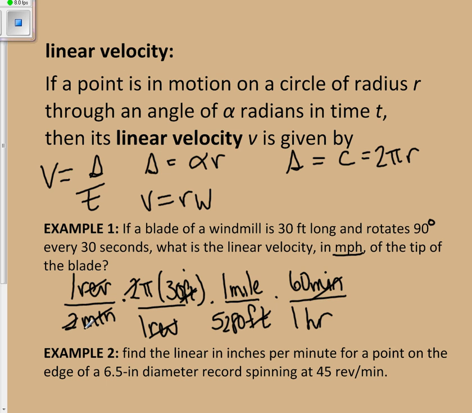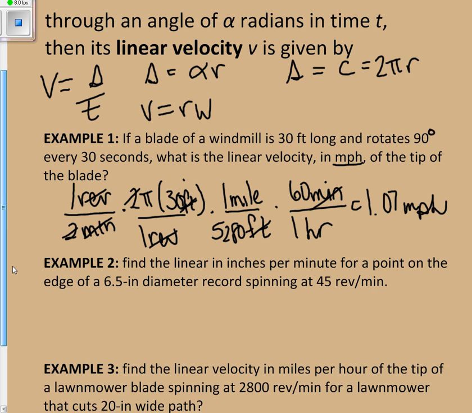And I am left with 30 times pi, or 3.14 if you don't have a pi button, times the 60, and then you divide that by the 5280. And your answer, to 2 decimal places, is 0.07 miles per hour, which actually isn't very fast, and that's okay too.